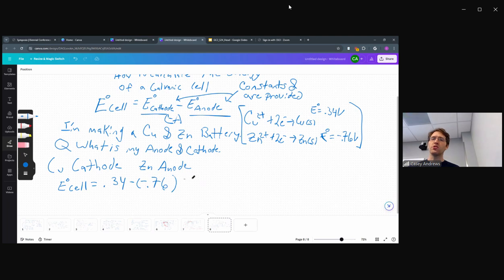So all you do is you literally look at this table, and depending on what's your cathode and what's your anode, you just plug in the values from that table in the correct position. And this math, I can do that in my head, I think, is 1.10 volts.